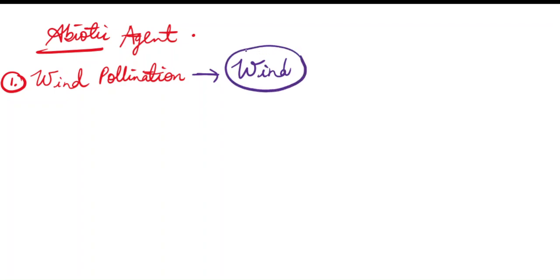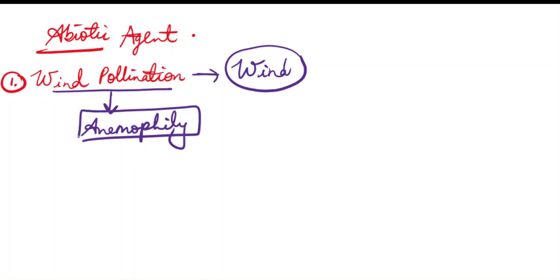The moving wind will help in pollination. Wind pollination has a name known as anemophily. So the process of pollination which occurs by wind is known as anemophily.